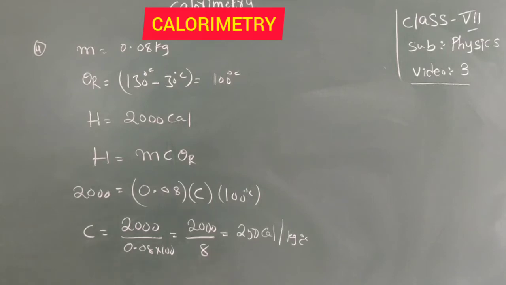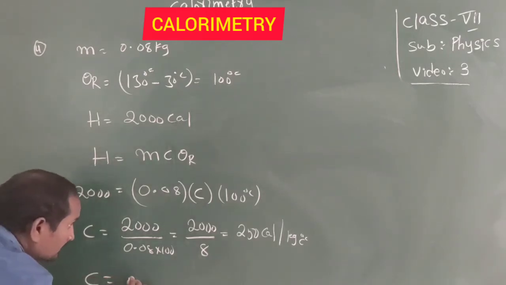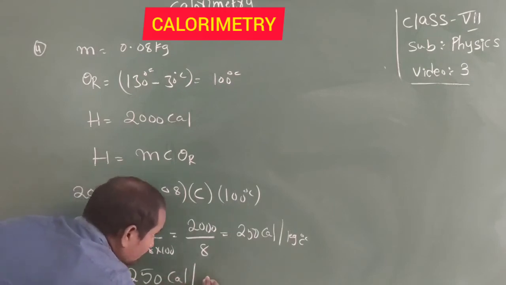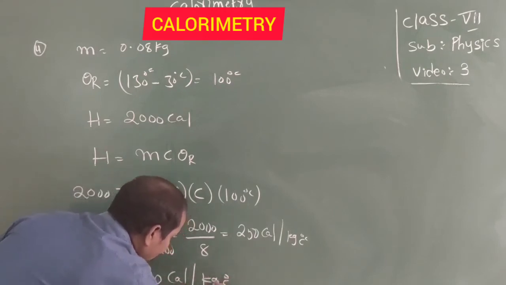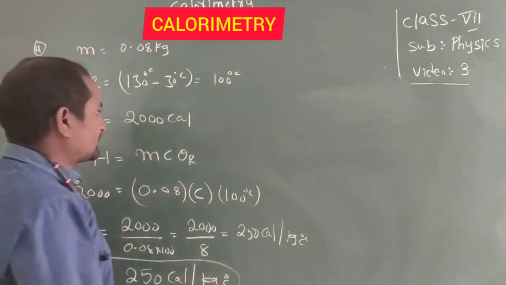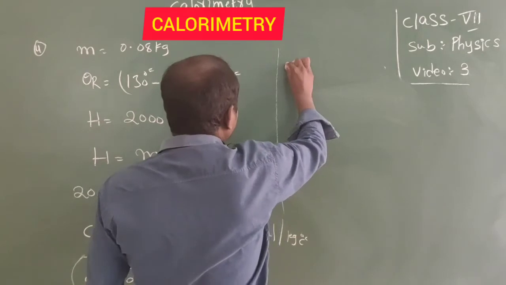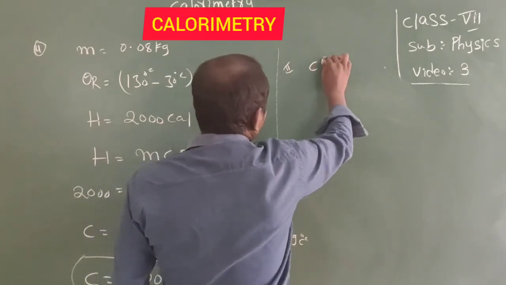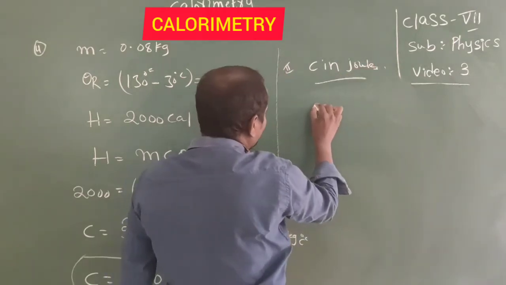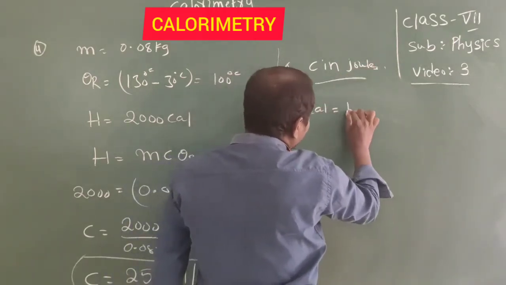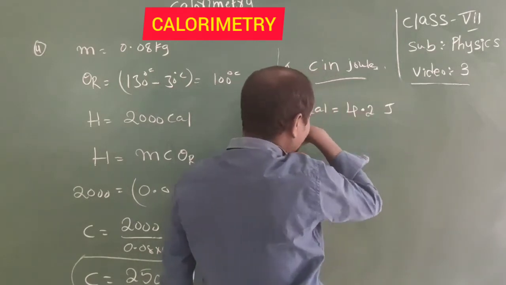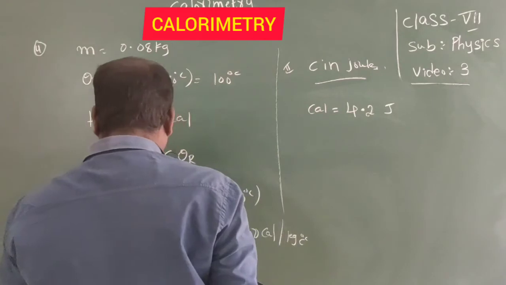So C equals 250 calories per kg degree Celsius. It is the C value in calories. Now C in joules. So we know that 1 calorie equals 4.2 joules.